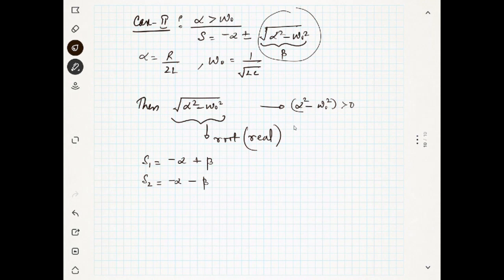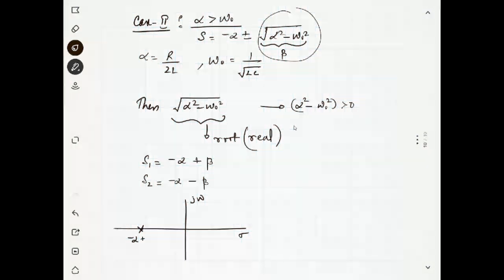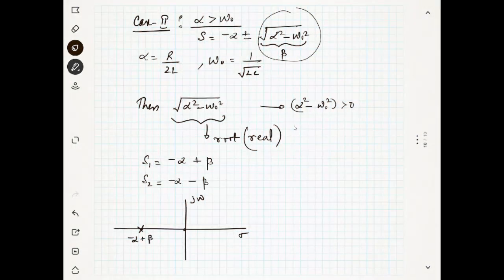So what will be the location of the poles? This is sigma, this is j omega. You will get one pole here, at minus alpha plus beta, which is closer to 0, and another pole at minus alpha minus beta. You understood?